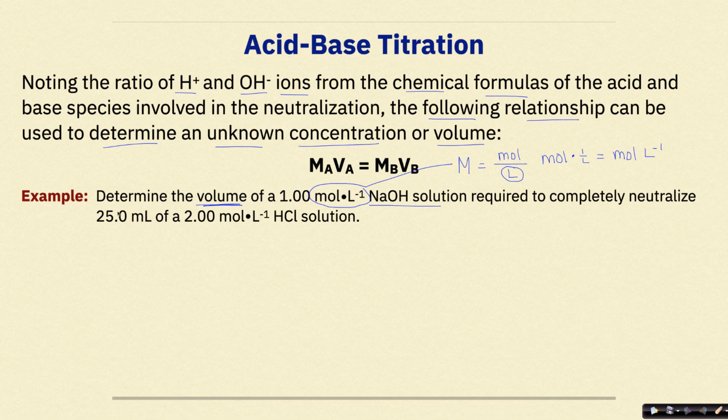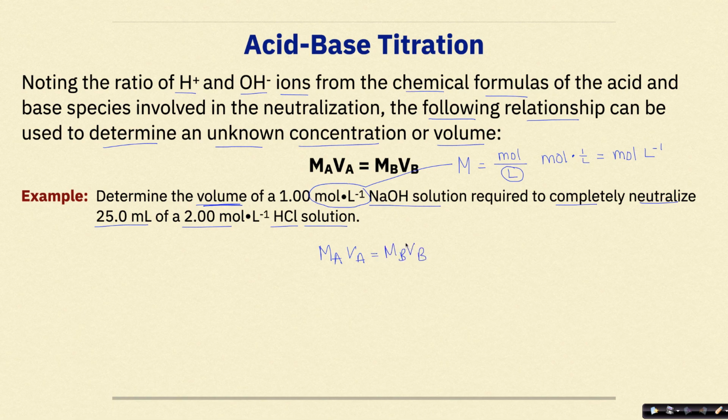So again, starting from the top, determine the volume of a 1 molar NaOH solution required to completely neutralize 25 milliliters of a 2 molar HCl solution. So the first thing that I am always going to do is write my formula. MAVA is equal to MBVB.